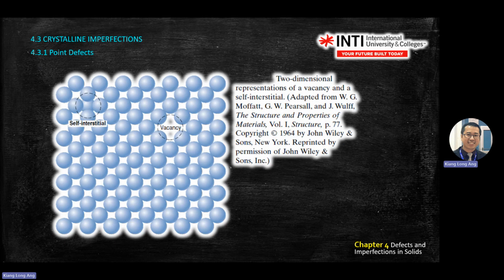Sometimes the question just gives you free marks by asking you to sketch the vacancy and self-interstitial, or use a diagram to represent a vacancy and self-interstitial defect. Just draw like that.